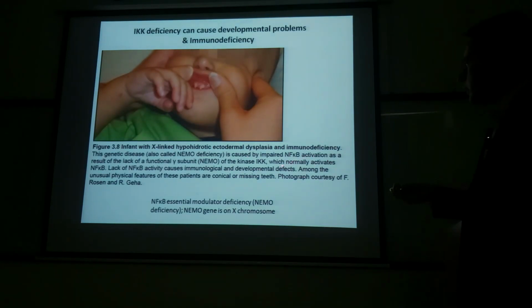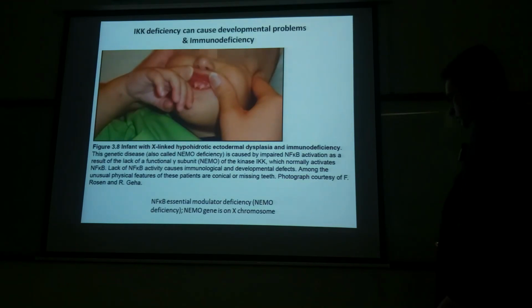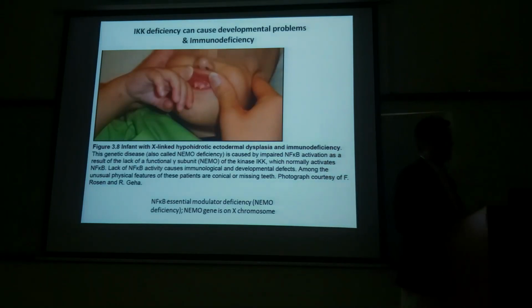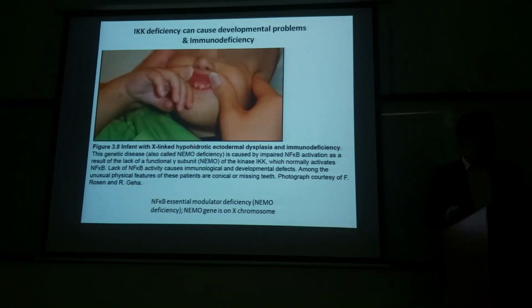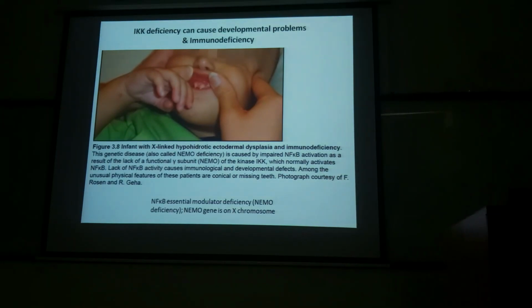So if there is some problem with IKK, that can lead to this particular condition. The gamma subunit of IKK normally activates NF-kappa beta, but if it is defective by itself, it would not be able to activate NF-kappa beta. And what would be the result? It would be a kind of immunodeficiency.